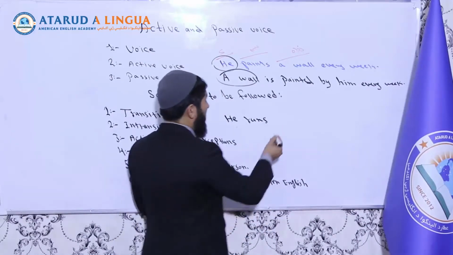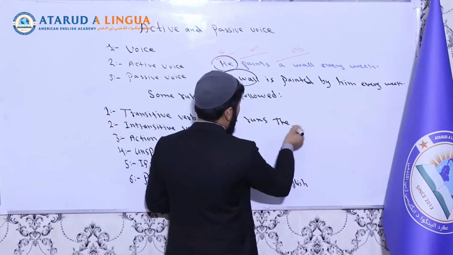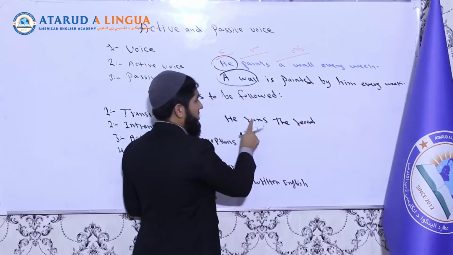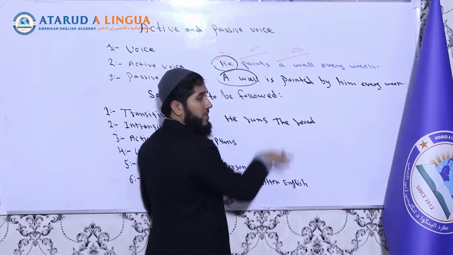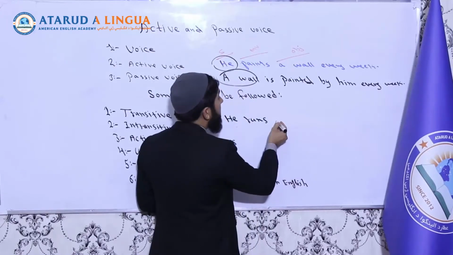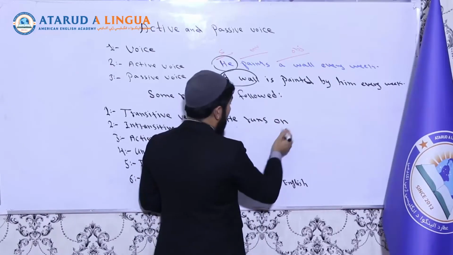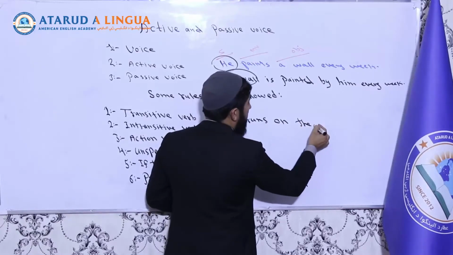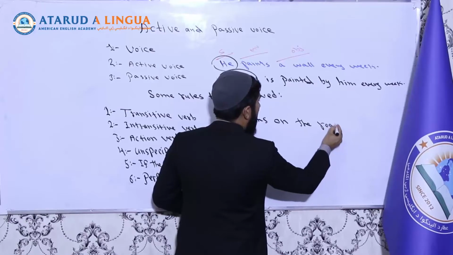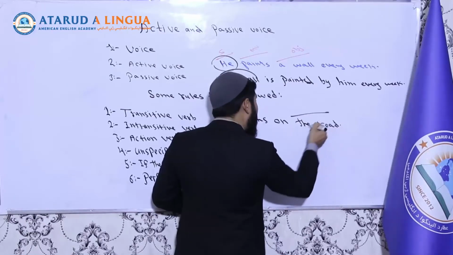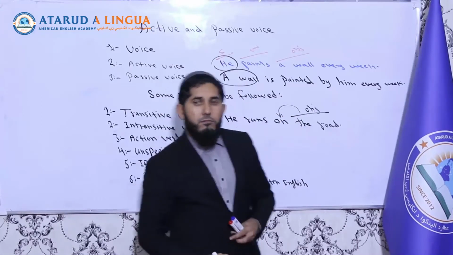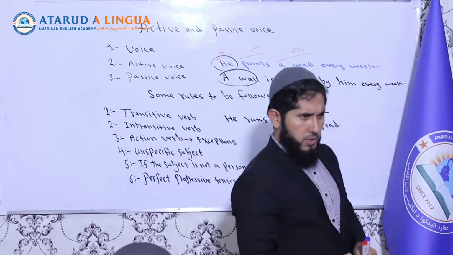Can we say he runs the road? Does it make any sense? No. It doesn't make any sense, right? Why? Because this verb cannot take an object directly. So if you want to bring an object, you need a preposition before that object. He runs on the street or on the road, right? Okay? Let's say he runs on the road. So the road is here the object of a preposition, according to grammar. Understood? Okay.